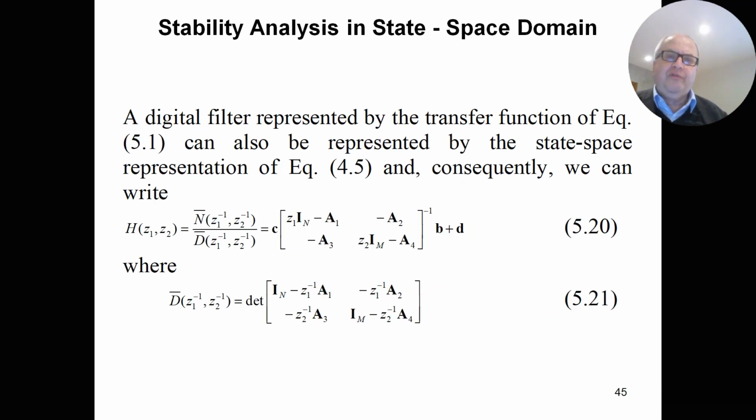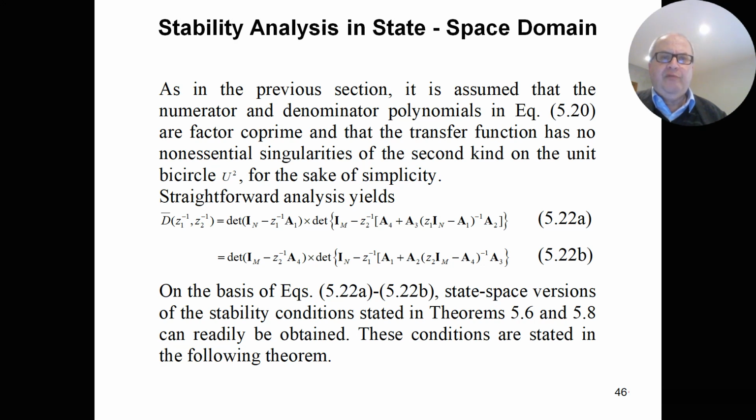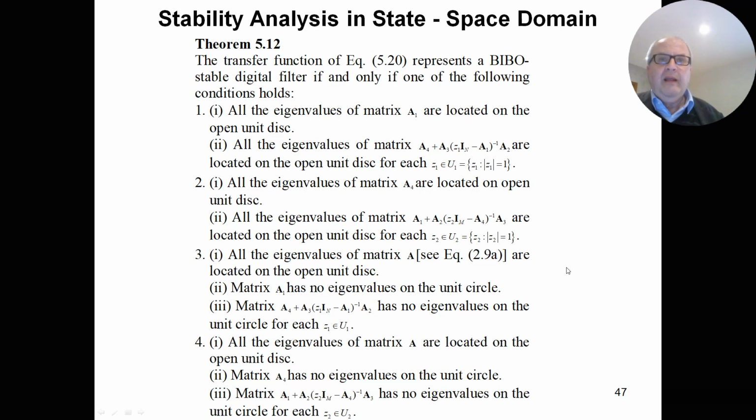Another approach for two-dimensional systems is the stability analysis in the state-space domain. For the stability analysis in the state-space domain, we try to find the state-space equation. And if we find the state-space equation, we can find that the polynomial of the denominator can be written as in equation 5.22a or 5.22b.